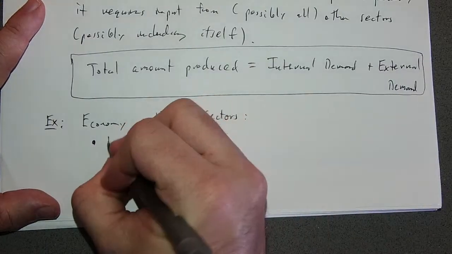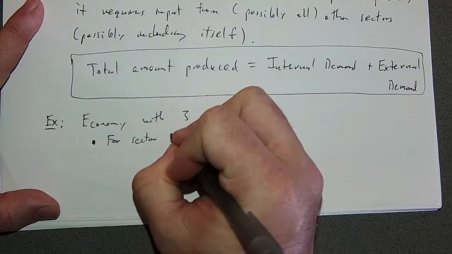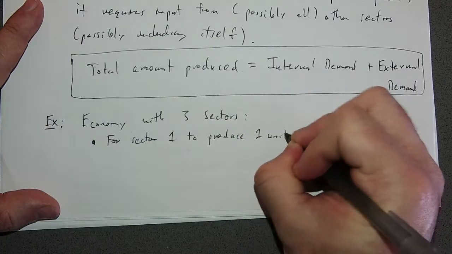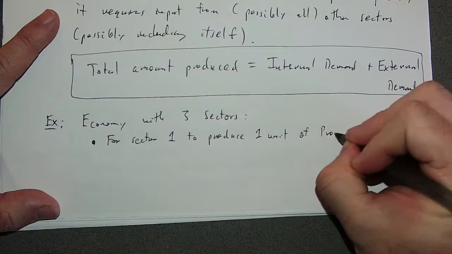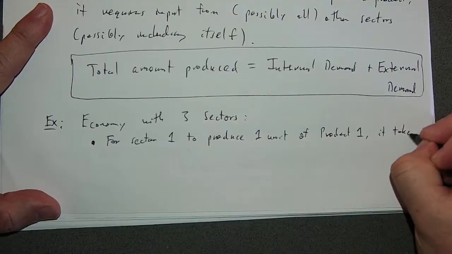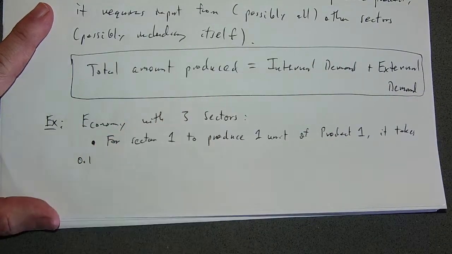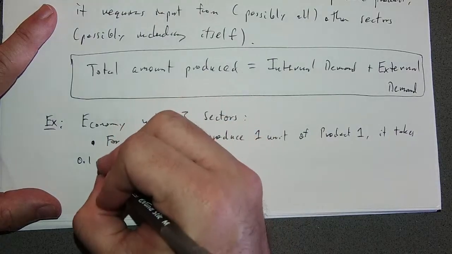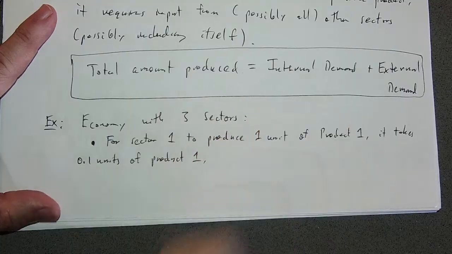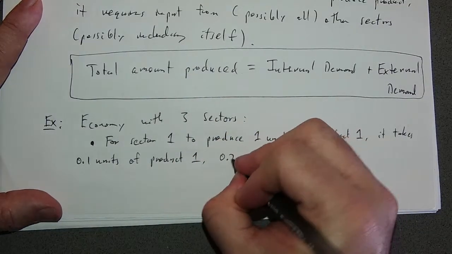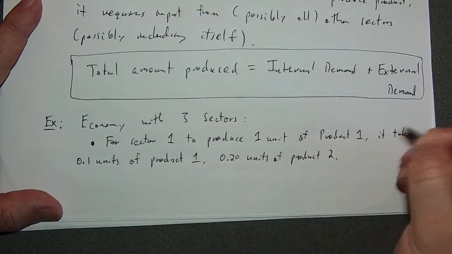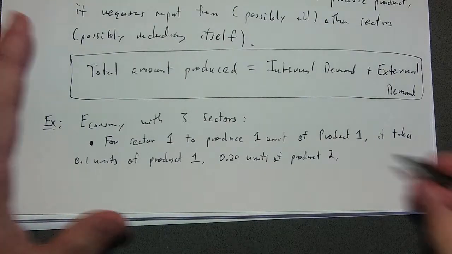For sector 1, to produce 1 unit of product 1, it takes 0.1 units of product 1, 0.2 units of product 2, and 0.25 units of product 3.